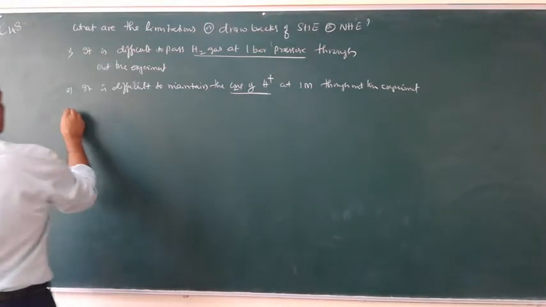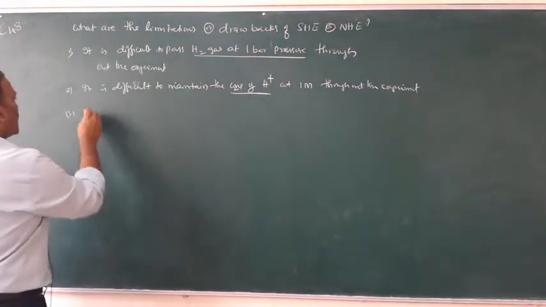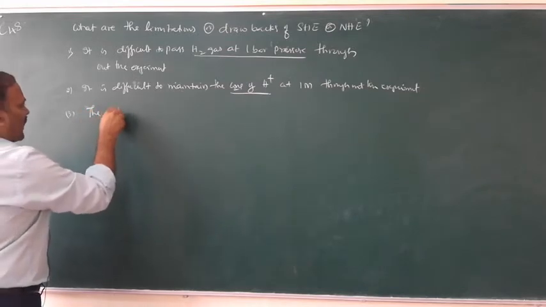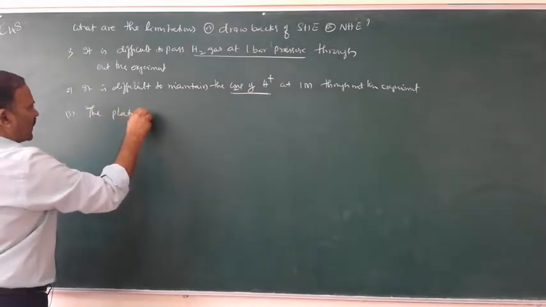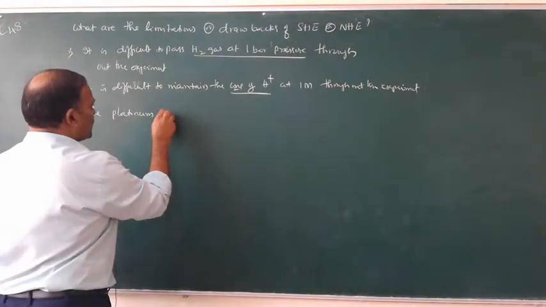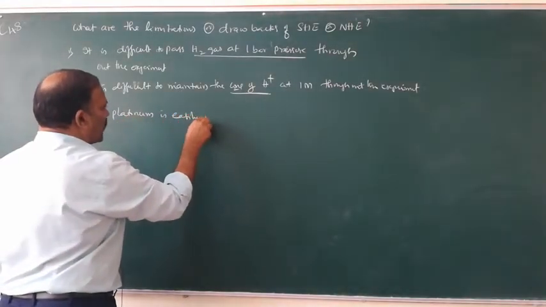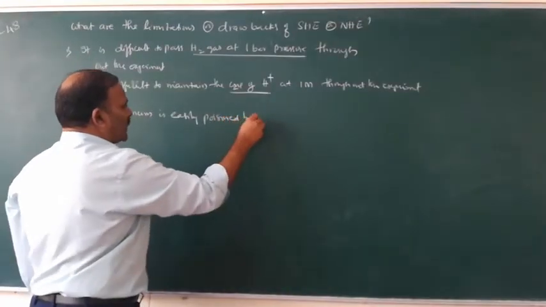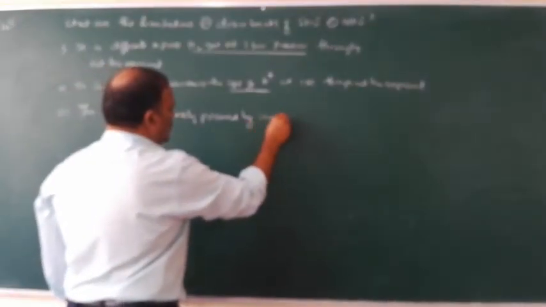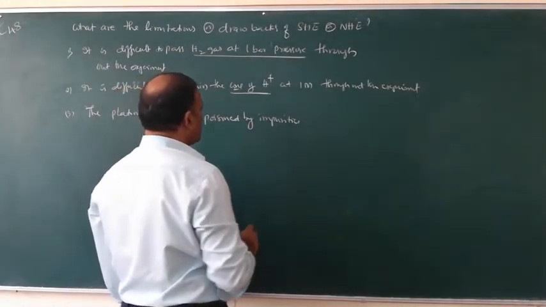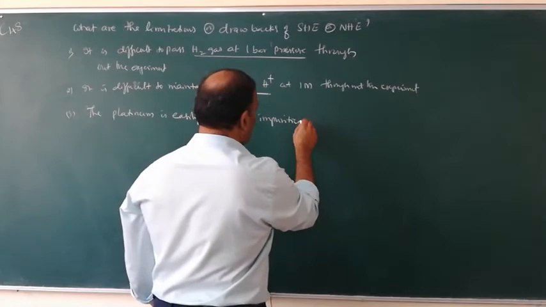And the third one, the platinum which is used. Platinum is easily poisoned by impurities.